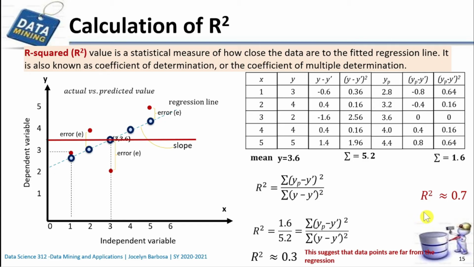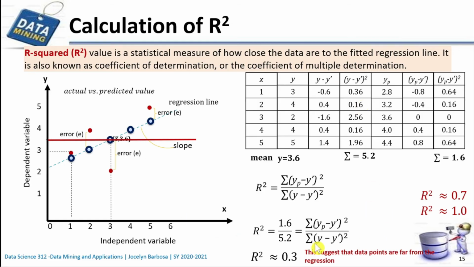And if there is an increase of our r squared that is approximately equal to 0.7, then there is also a significant difference as to the data points being not so far from the regression line. And might as well, if the value of r squared is somehow estimated as 1.0, then that actually increases the performance of our regression line.